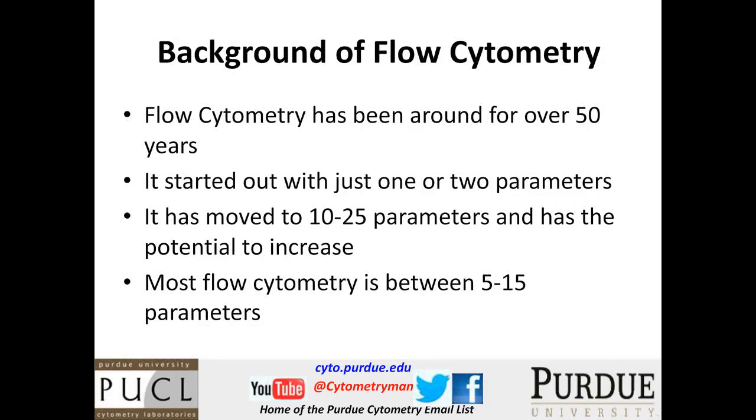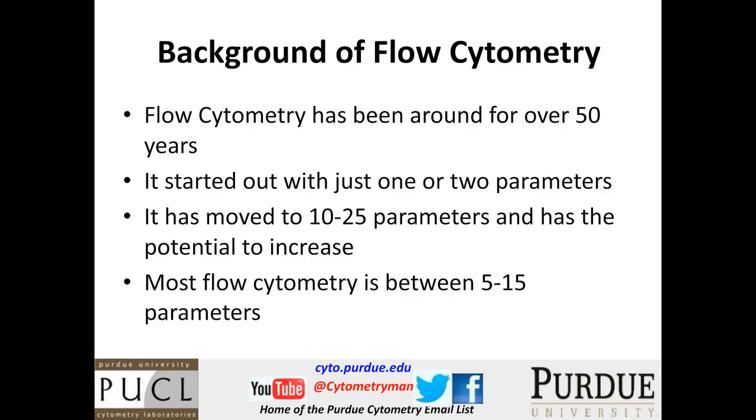What I want to do before I get into the details of the webinar is give a small background on flow cytometry, and I realize that a lot of you will probably be experts in the field, but there are always some people who are not, and I don't want to go past those individuals.